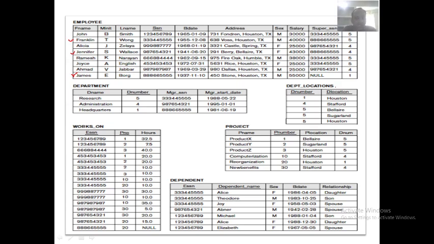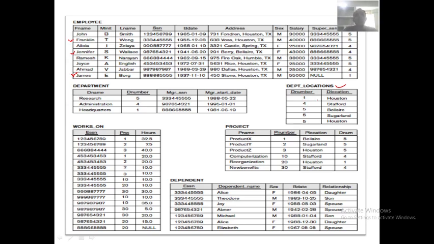Now, department location. I am explaining this now. Here department number and department location together are a primary key. Got it? Now, which is the department number 1? Headquarters, sir.